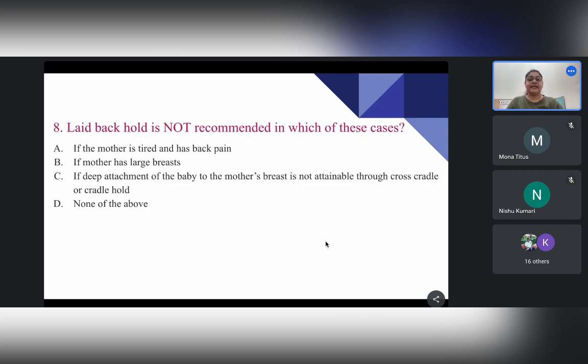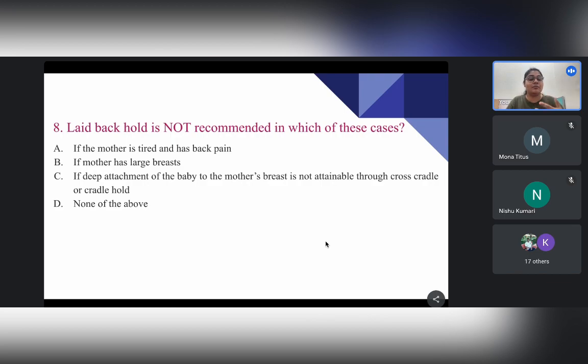If deep attachment of the baby to the mother's breast is not attainable through cross cradle or cradle hold. Say the cradle hold and the cross cradle hold have been tried, but the mother is not able to achieve that deep attachment of the baby's lips to her breast.